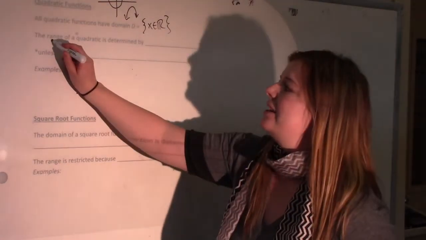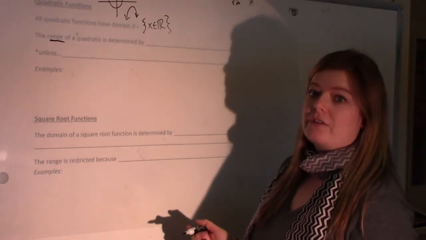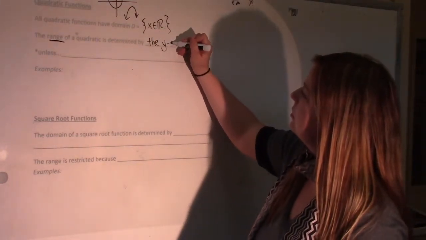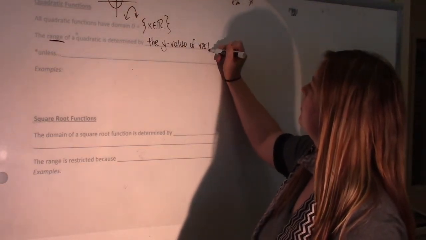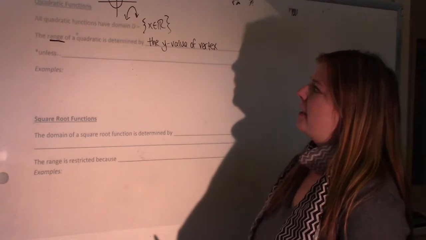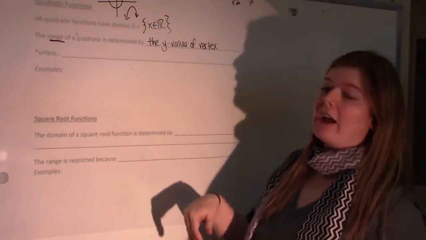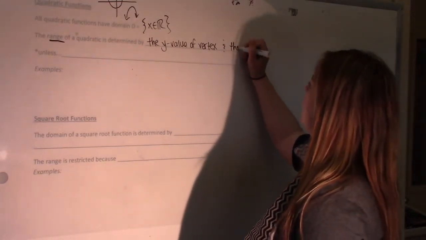So the range is determined by two different things. Well, first of all, the vertex, but the y value of the vertex. Okay? And then it's either all above that y value or below that y value. And that's determined by the a value.